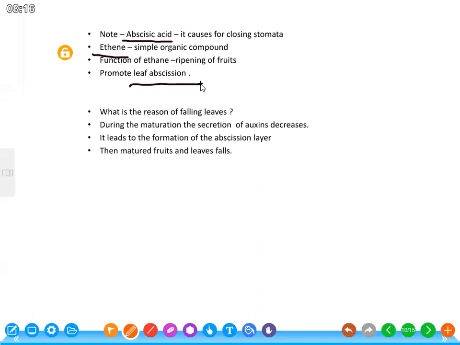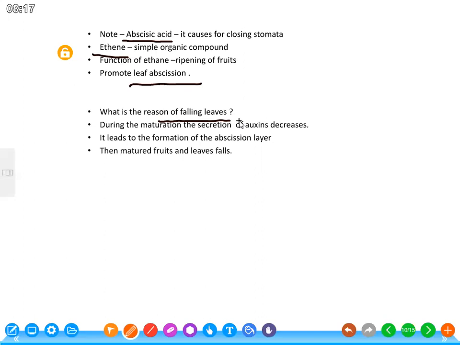There is one question for you. What is the reason for falling leaves? I already mentioned, during maturation, the secretion of auxin decreases. Auxin inhibits leaf abscission.